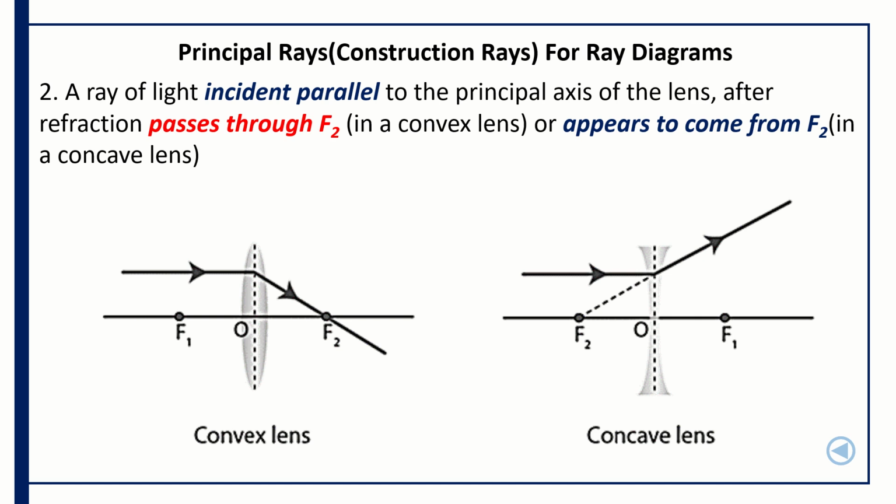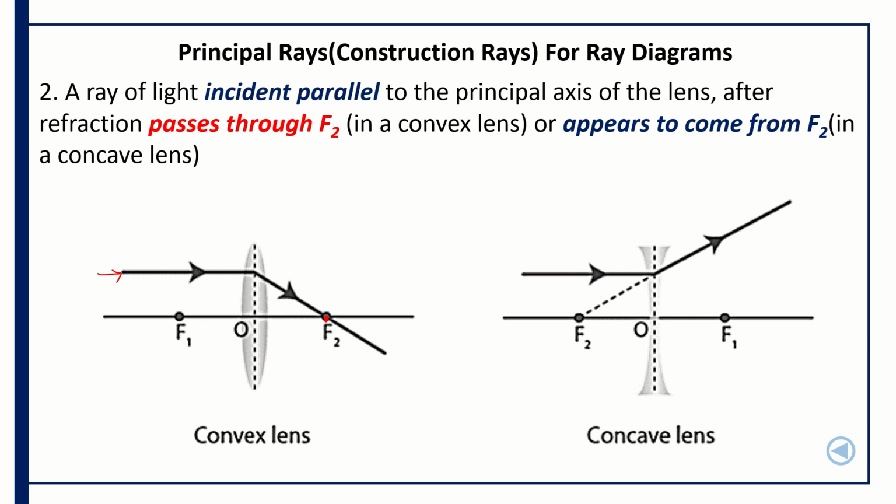So, what is happening here? When a ray of light is coming parallel to the principal axis, it falls on the lens, and when it goes through refraction and emerges out of the lens, that emergent ray will always pass through the principal focus F2, or secondary focus F2.